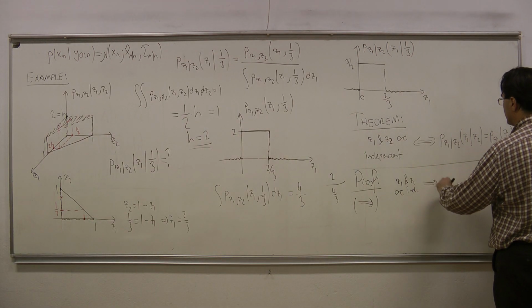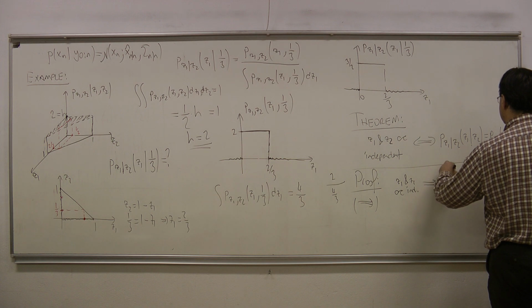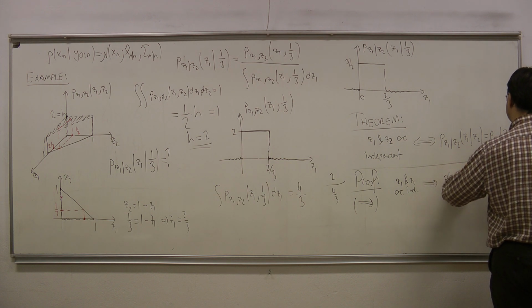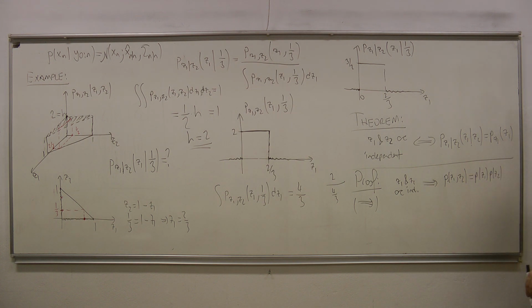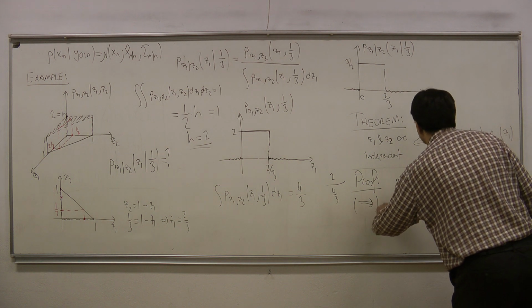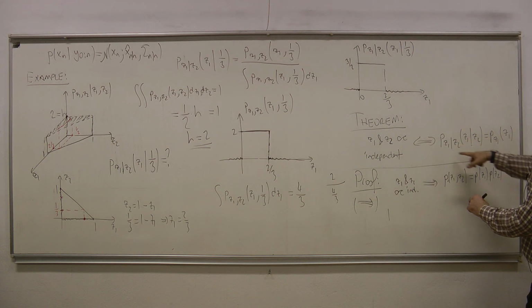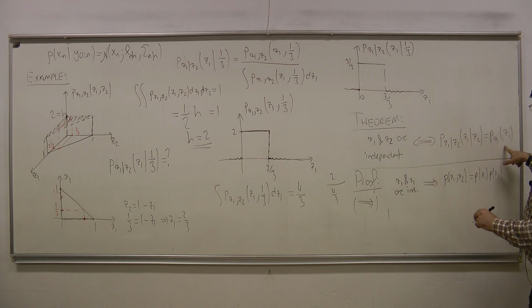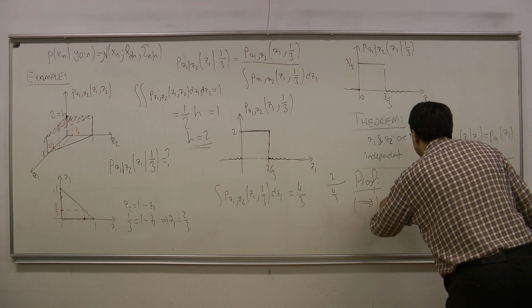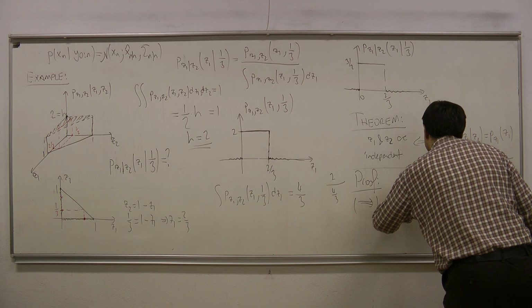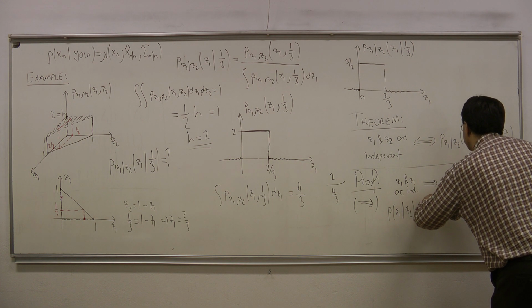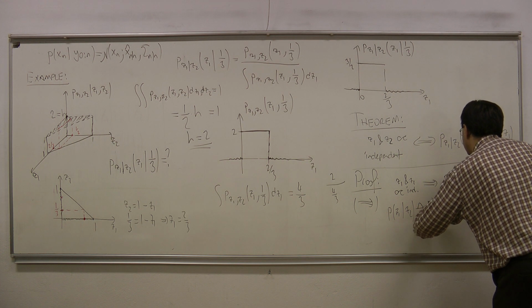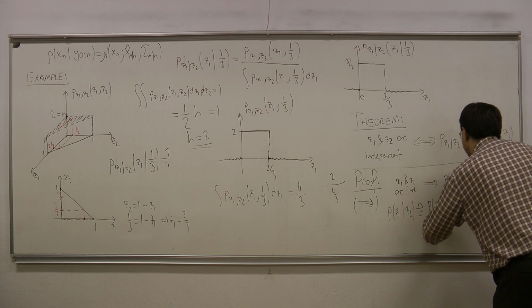If Z1 and Z2 are independent, then the joint distribution P(Z1, Z2) is P(Z1) times P(Z2). Here I'm going to prove that this conditional distribution is the marginal distribution. P(Z1 given Z2) is by definition the joint distribution divided by P(Z2).